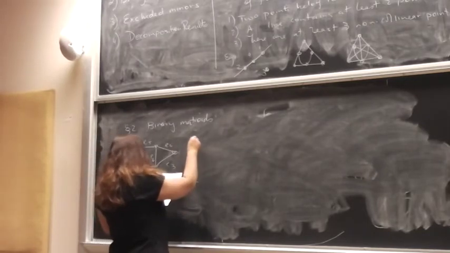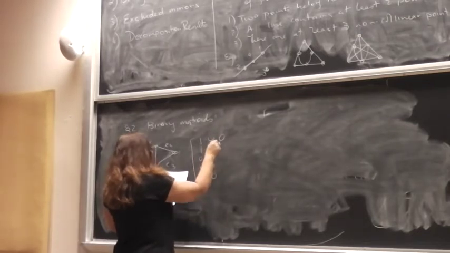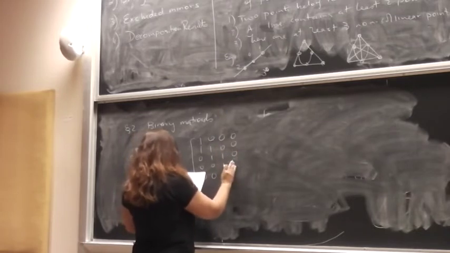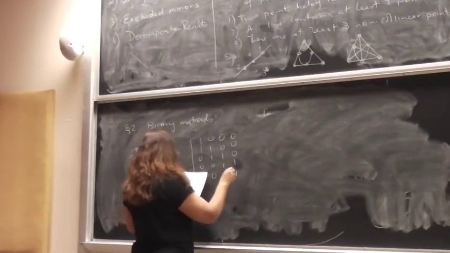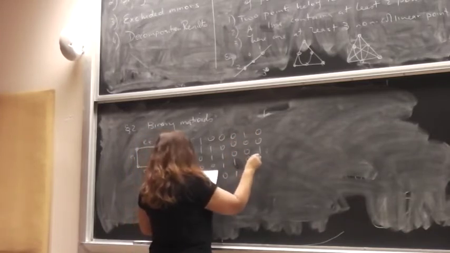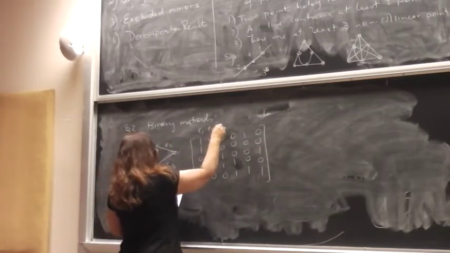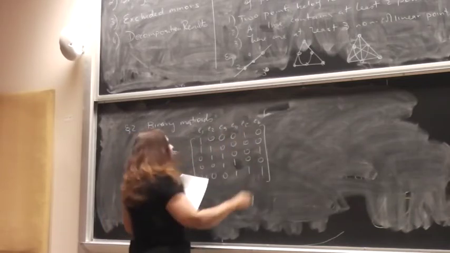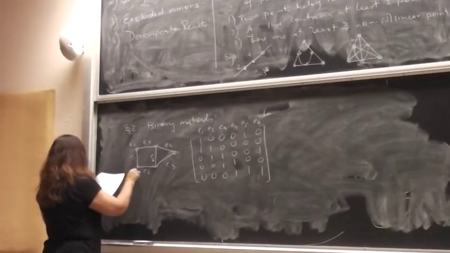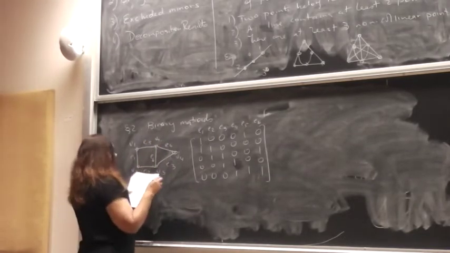And I'm going to write the incidence matrix just to speed things up a little. For the incidence matrix, it would make sense to actually start out by labeling the vertices, right?